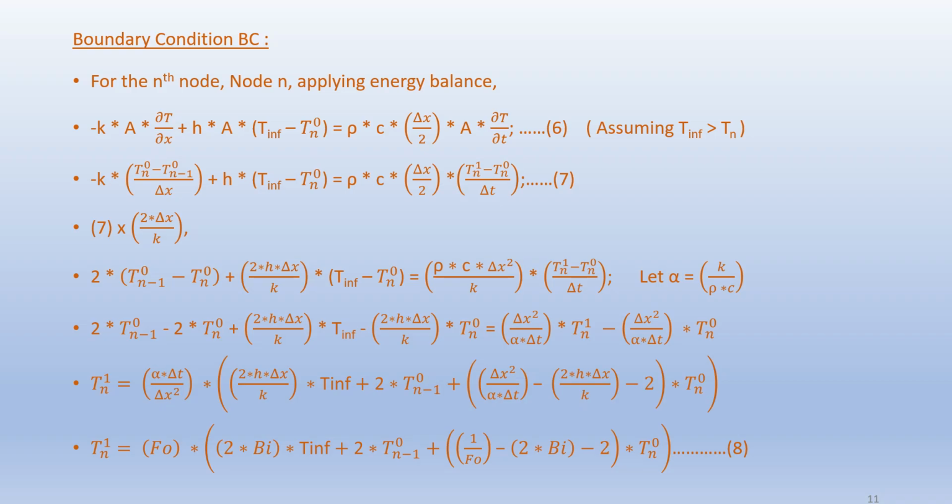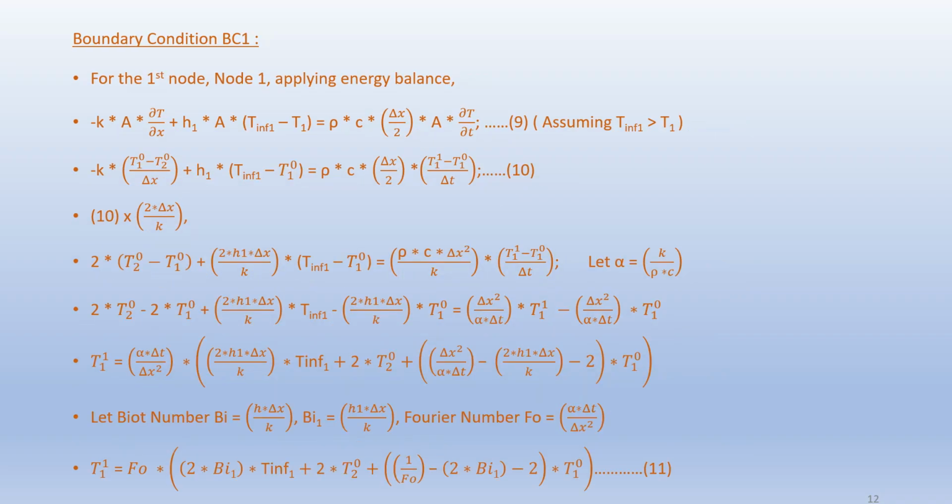So we are using first order approximations here. When we do this, we get an equation as shown in equation 8. Please note that whenever there is a convection boundary at one end, it's a little more complicated than a Neumann boundary condition or a Dirichlet boundary condition, when we keep the temperatures fixed at one end or if there's a constant flux at one end.